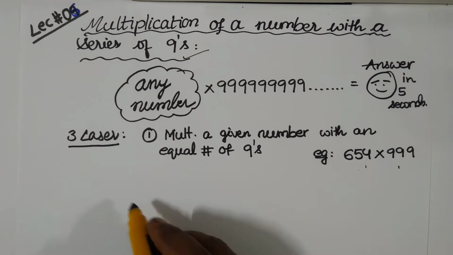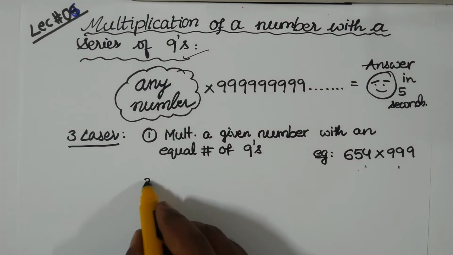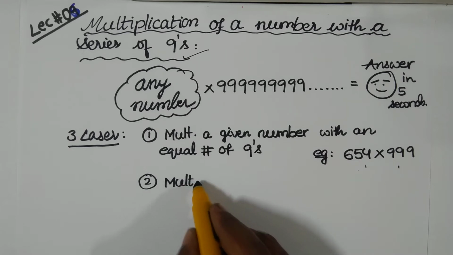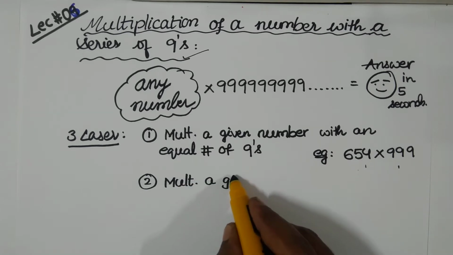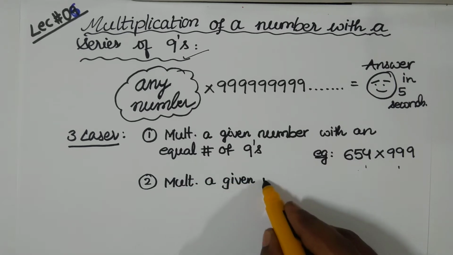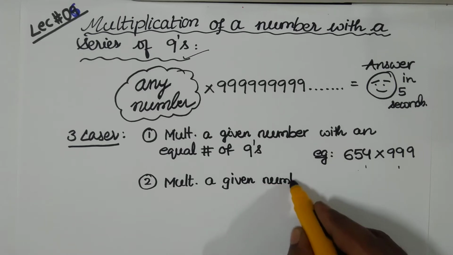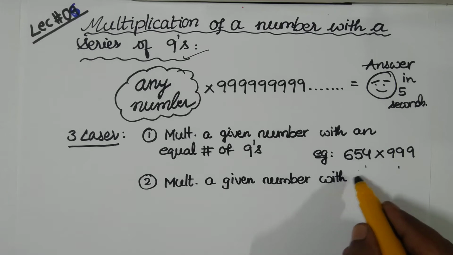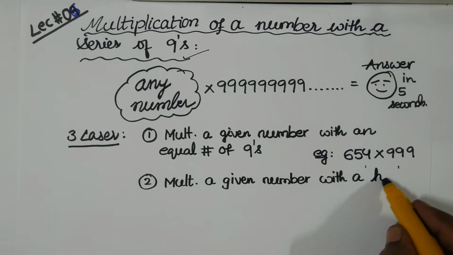This is case 1. And case 2 is multiplying a given number with a higher number of nines.